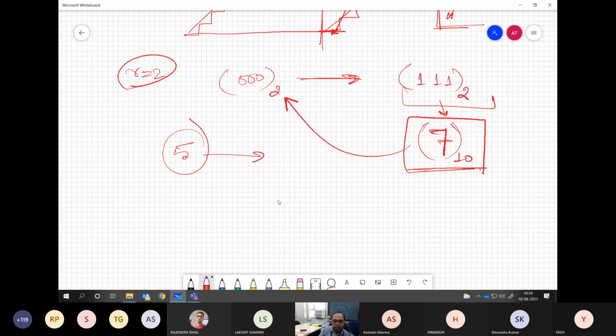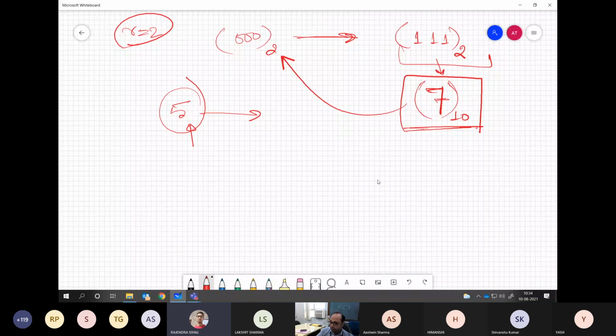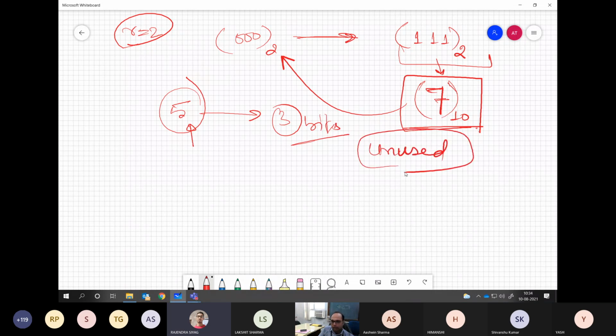How many bits would we need to accurately represent this? 3 bits. Of course, we will have some bits unused, but we cannot afford to lose any information.